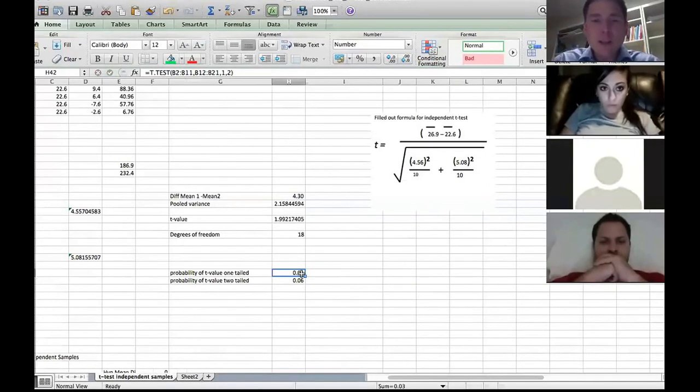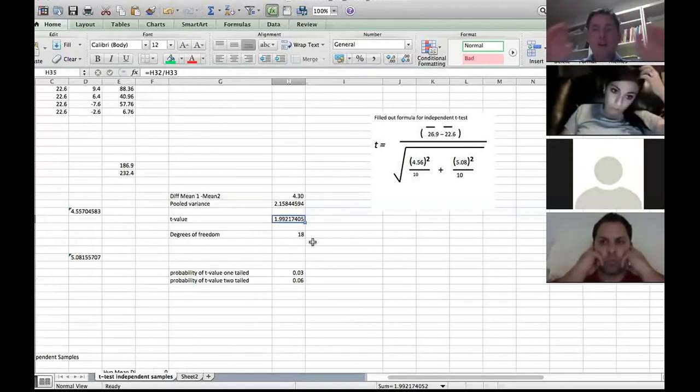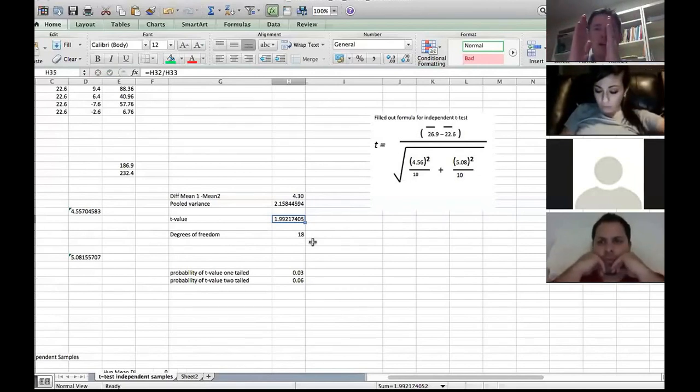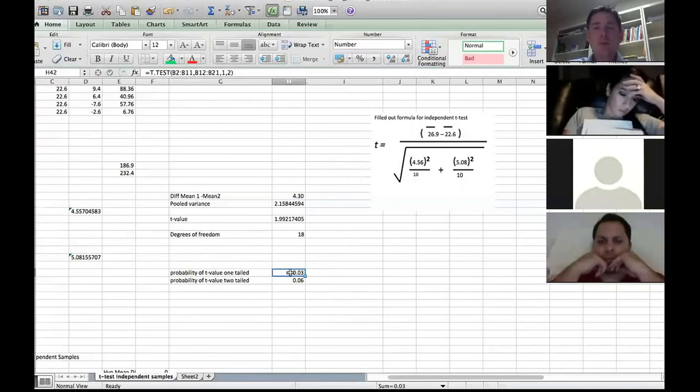Now I would like to take a vote. So, right, we did all this trouble. We calculated the t-value. It's 1.99. Now the question is, if you imagine the t distribution, 0 is here. It's 1.99, or it could also be negative 1.99, right? Same probability. And we learned that the one-tailed probability to obtain such a value is 0.03.